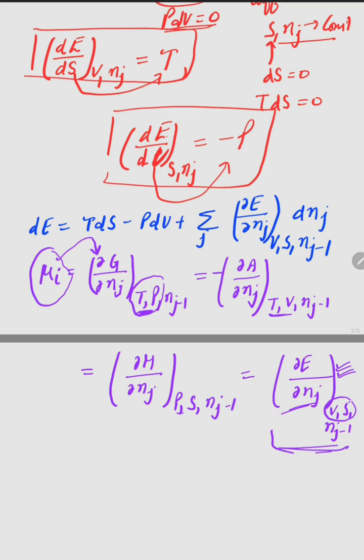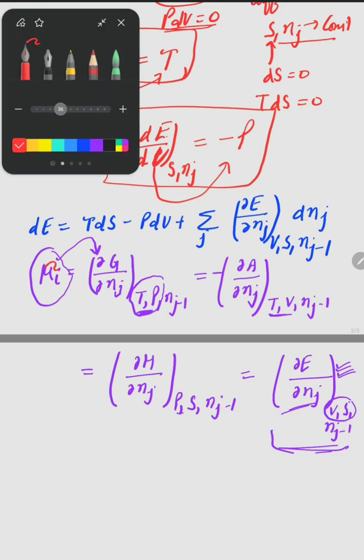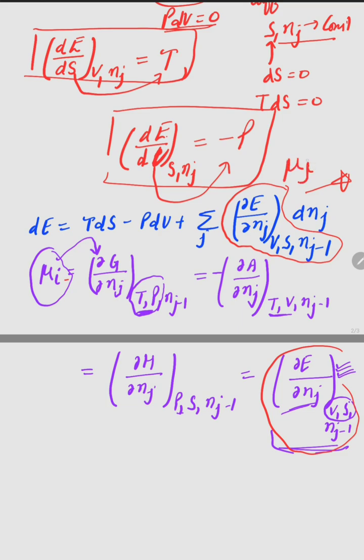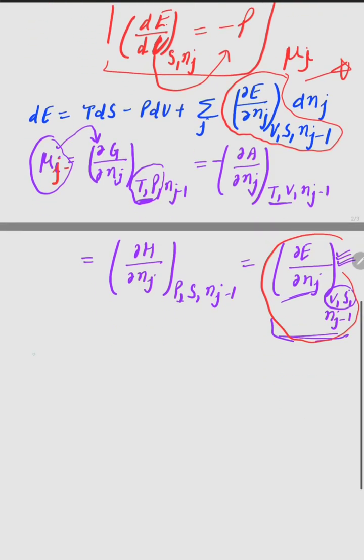So we can easily replace in this expression, this term can be replaced with chemical potential mu j. So rewrite that equation again by putting the chemical potential in the last term.